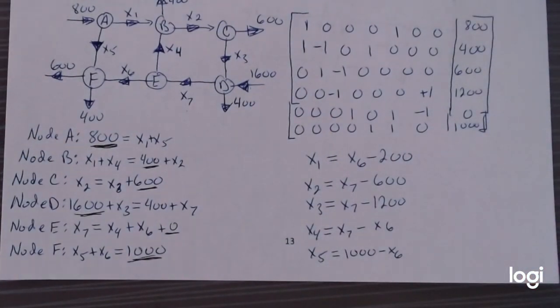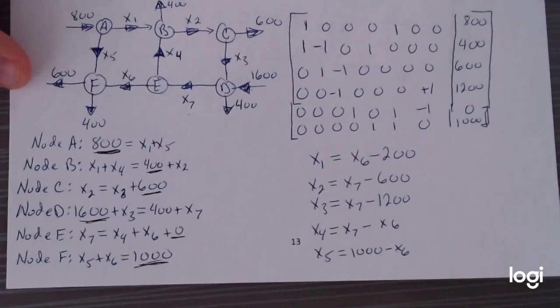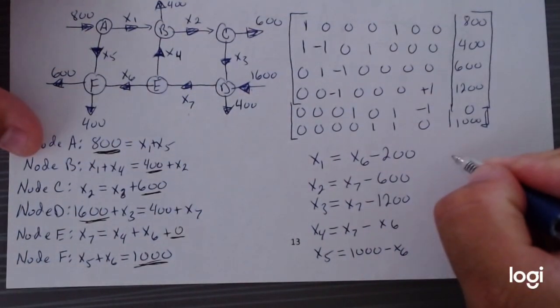There we go. So it looks like 7 and 6 are independent variables, and then 1 through 5 are dependent variables. Okay. And now we can solve for a general, this is our general equation.